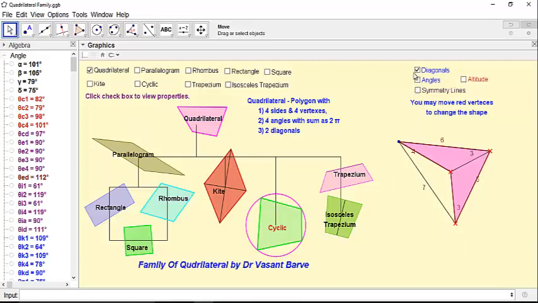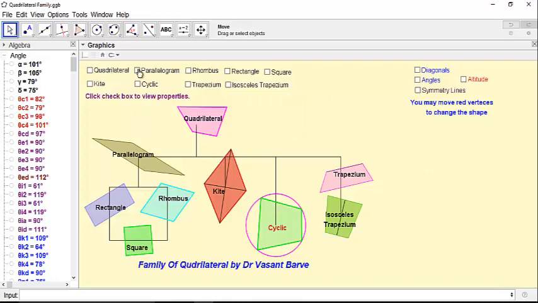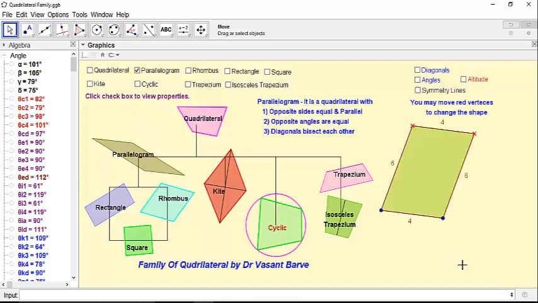Okay. Now let's go ahead and see the next quadrilateral, say parallelogram. Now here you will see that you have these 2 sides equal. These 2 sides equal, and naturally when these 2 sides and these 2 sides become equal, they are also parallel to each other.